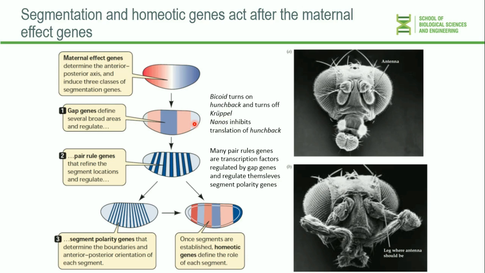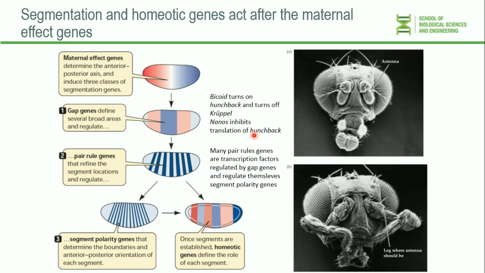Now this is actually pretty cool because in a way here bicoid will affect transcription factors, hunchback, so it will inhibit transcription, whereas nanos inhibits translation.